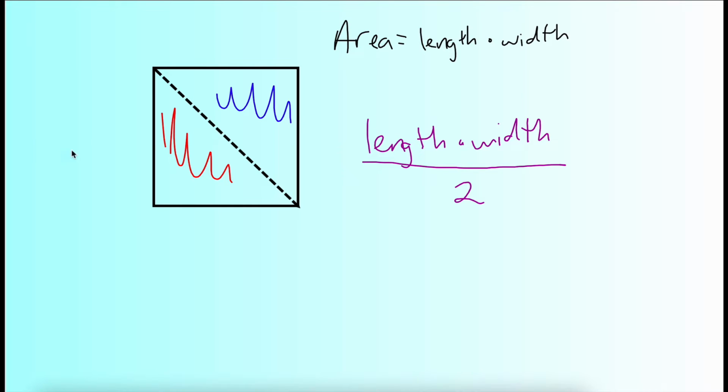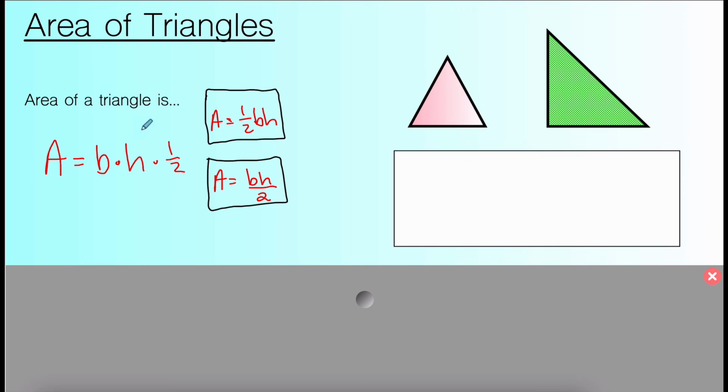So that's where the formula base times height divided by 2 comes from. We're just using different words. Instead of length and width, we're using base and height because those are terms that we use to describe a triangle. And the reason we're dividing it by 2 or multiplying it by 1/2 is because a triangle is half of a rectangle or a square. So anyways, those are the formulas that you can use. Pick your poison, doesn't matter to me.